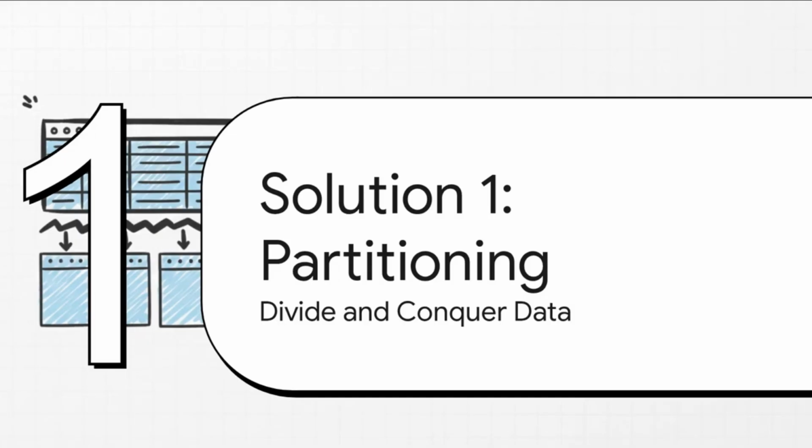So how do we fix this? Well, our first weapon in this fight is called partitioning, and the strategy is a classic: divide and conquer. Instead of trying to search that entire data mountain all at once, we're going to break it into smaller, way more manageable hills.